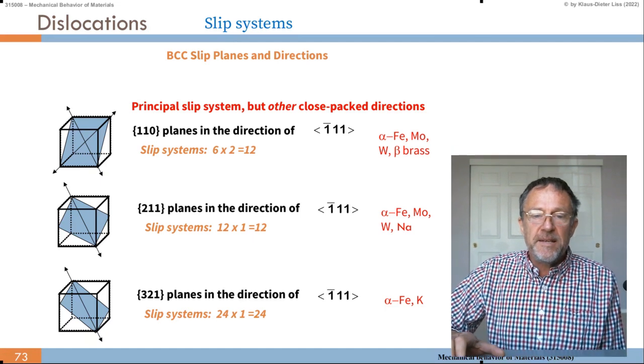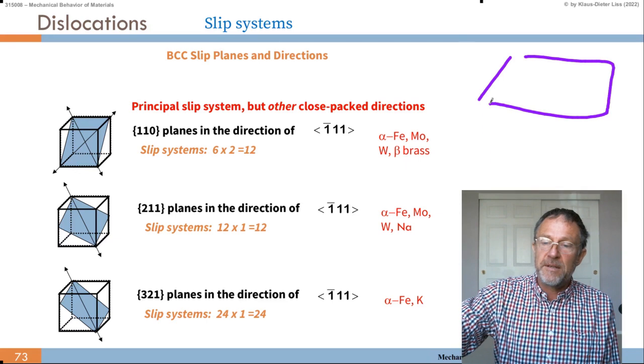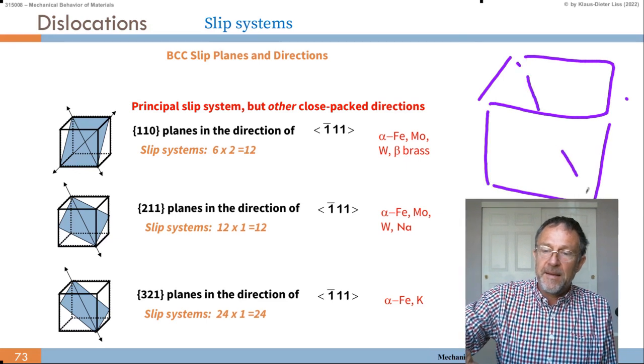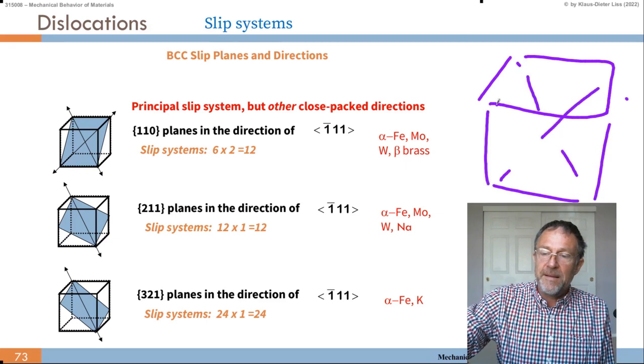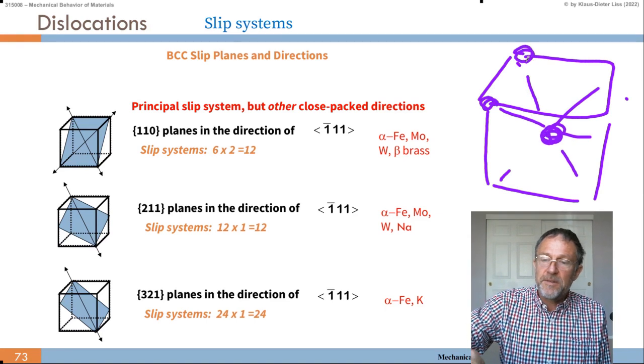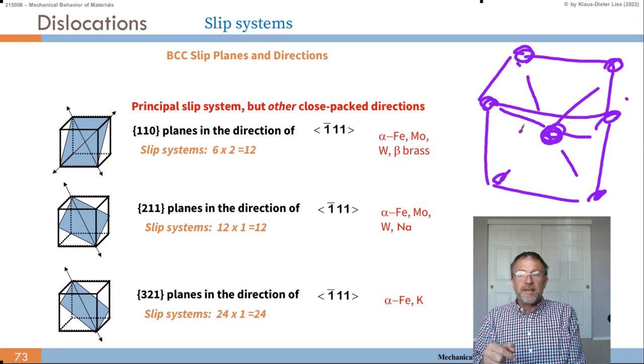The BCC system, the body-centered cubic, we have a cube here, and in the center of the cube, in the volume center, not in the face center, you have another extra atom.